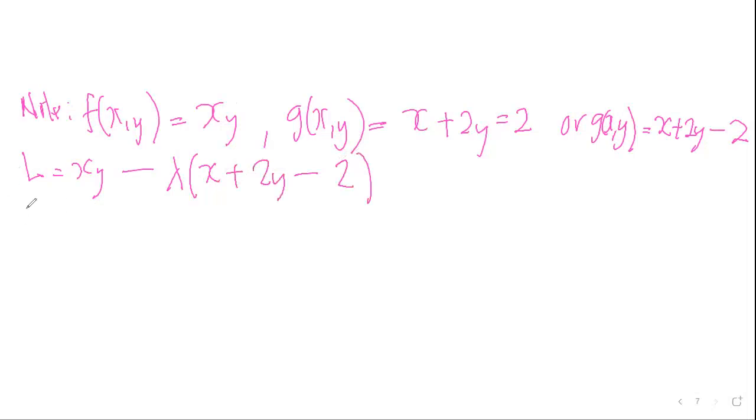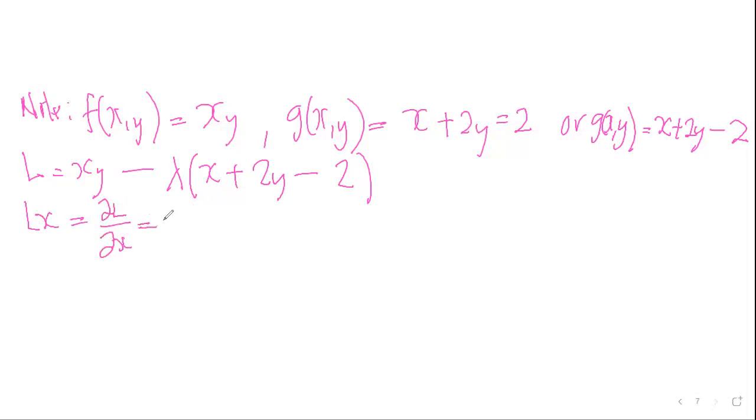So now we take the derivative with respect to x, which is our Lx. Lx is the same thing as change in L all over change in x, that's a change in Lagrangian as a result of change in x.